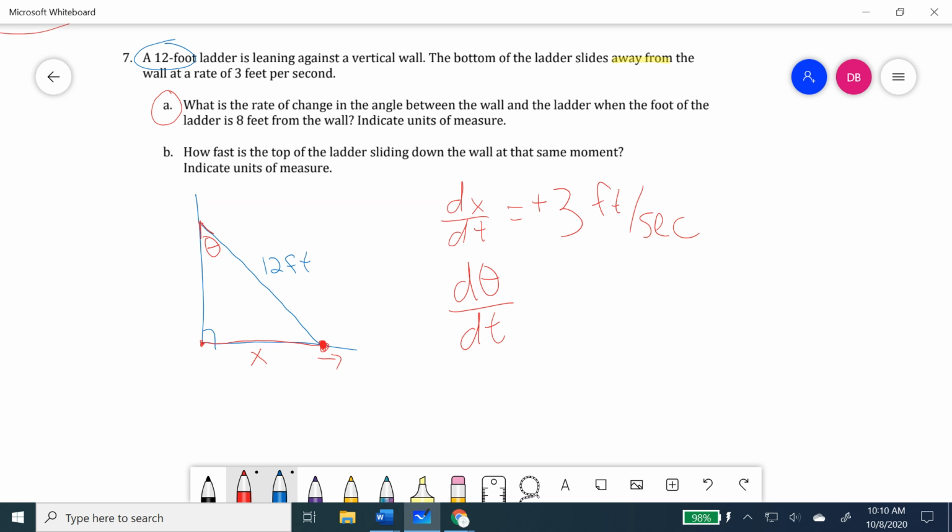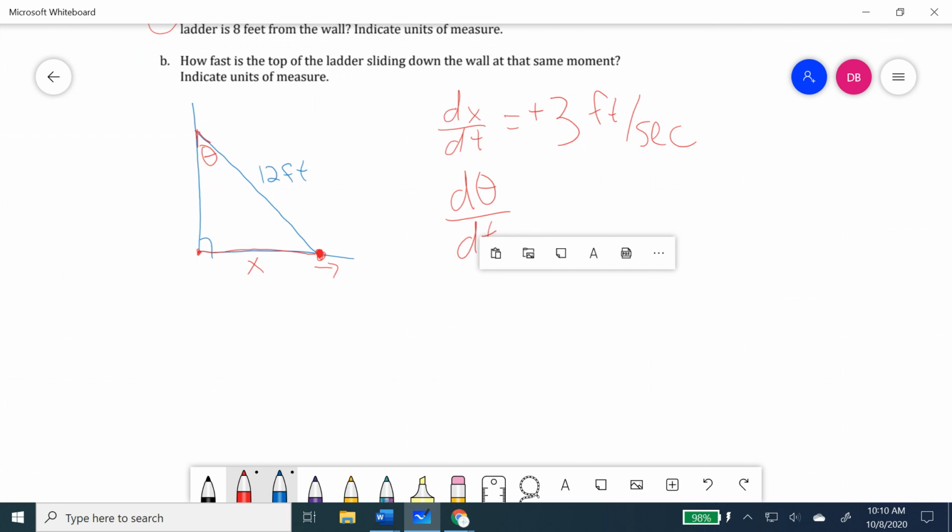You're looking at what two sides do you want to bring into the mix. And if you have a constant side, you want that constant side. Make your life easier. You've got to include the side that you know the rate of change for.